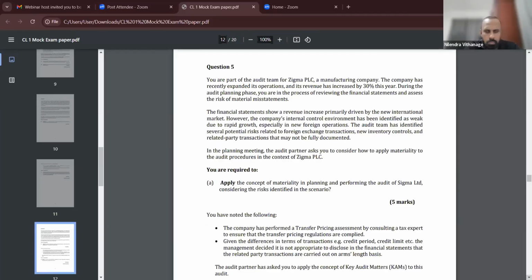Number 2, second one, segregation of audit and non-assurance services with separate partners and teams.